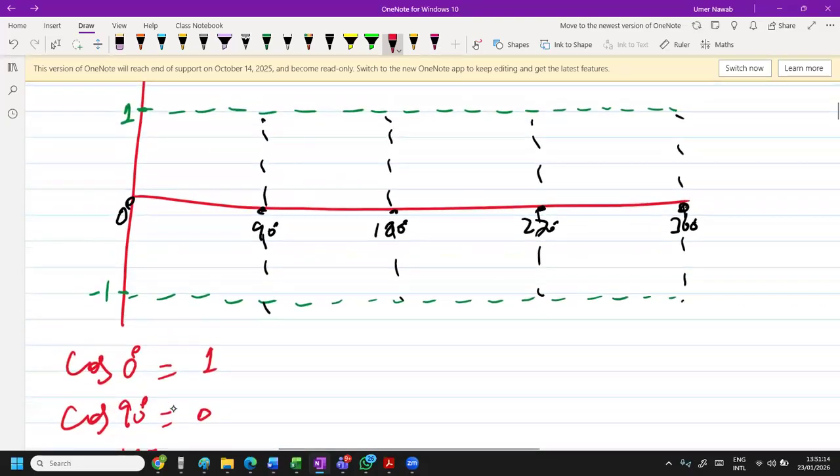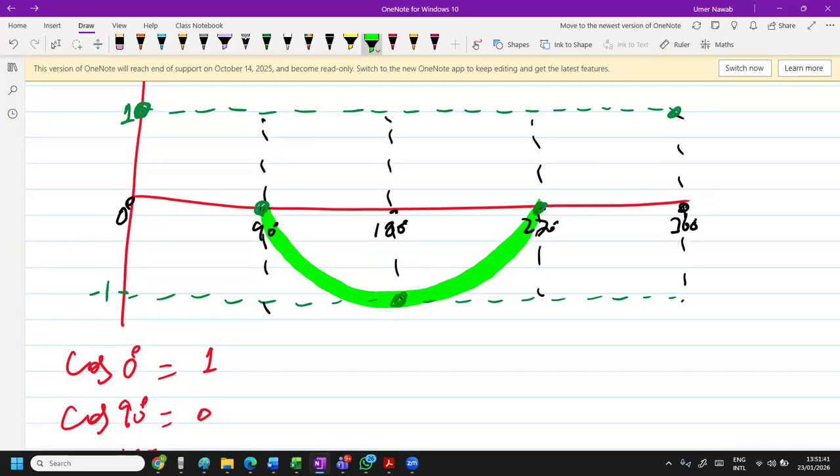Can I plot the points? I put them here. Cosine 0 is 1, cosine 90 is 0, cosine 180 is -1, cosine 270 is 0, cosine of 360 is 1. Now, don't draw a V here. That's wrong. In order to draw the accurate graph, first make a wavy curve like this, a bowl here.